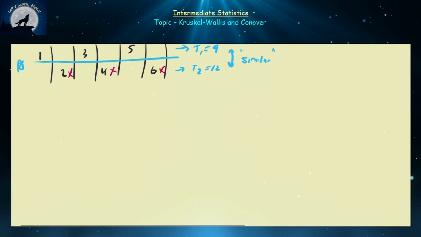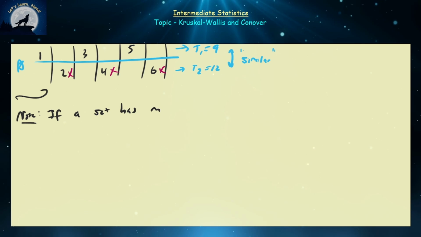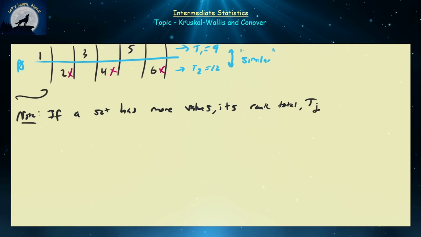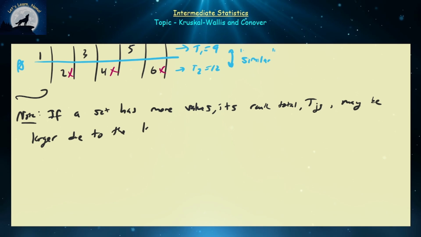So let's just take a moment and note that down, right? If a set has more values in it, its total rank, its rank total Tj, may be larger due to the larger sample size, right?